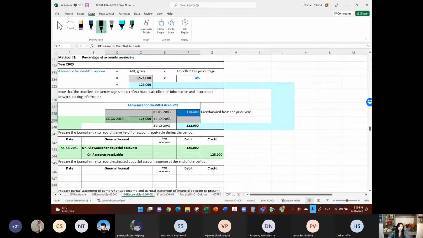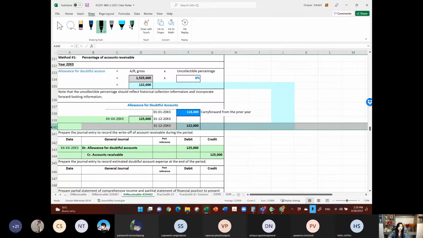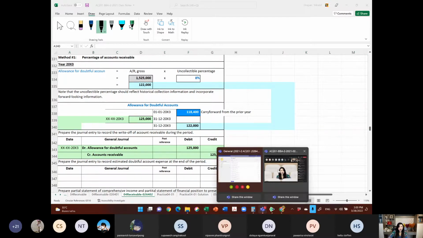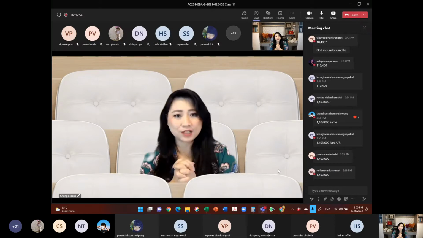But what do you want at the end? At the end, you want it to be positive, and you want it to be 122,000. So it means that you have to first increase the balance to compensate for the negative balance, and second of all, you have to increase it further so that you have 122,000. Hope that you understand the procedure.